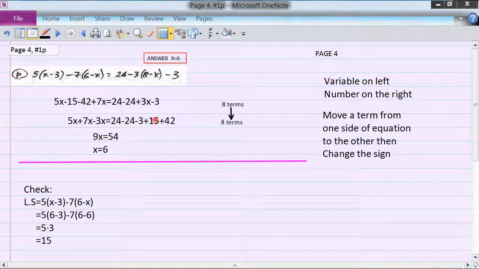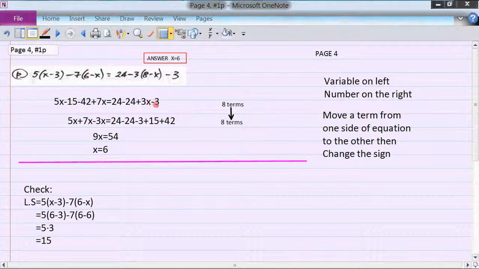Minus 3 plus 15 is 12. 12 plus 42 is 54. So we get 9x equals 54. We divide the left side by 9, we get x. We divide the right side by 9 and we get 6, 54 divided by 9. So we know the solution to this equation is x equals 6.